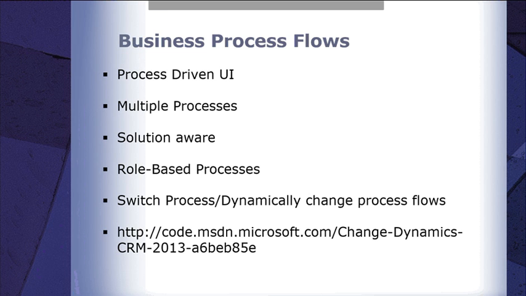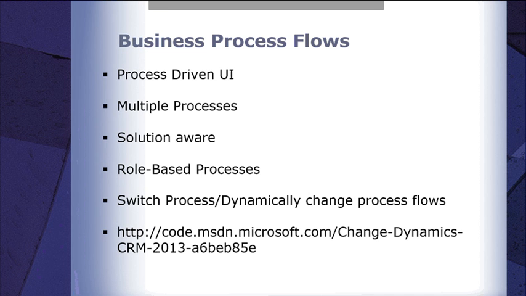So you can actually have the workflow fire on the change of the customer type and appropriately set the business process. You would have to refresh your form to make sure that you see the business process flow appropriate to the customer type that has been selected.